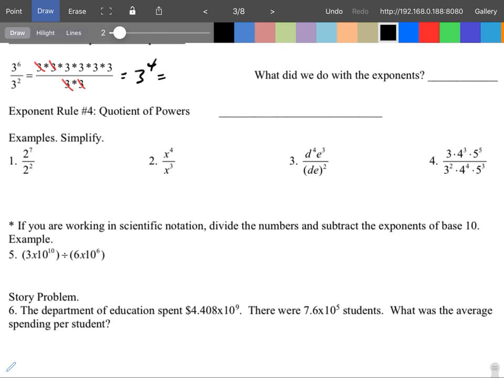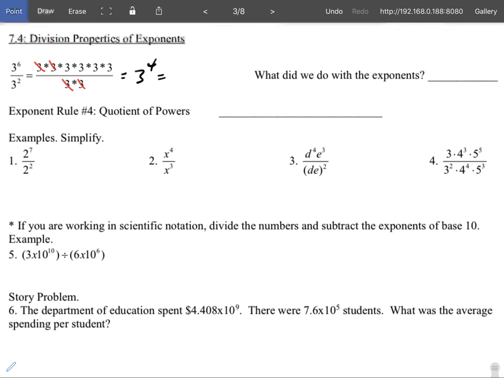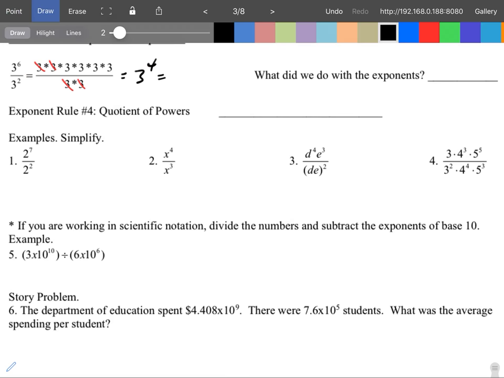So then what did I do with the powers then? How would you use the 6th power and the 2nd power? How would you come up with the 4th power? You subtract them? Yeah, good. You take the numerator power minus the denominator power.